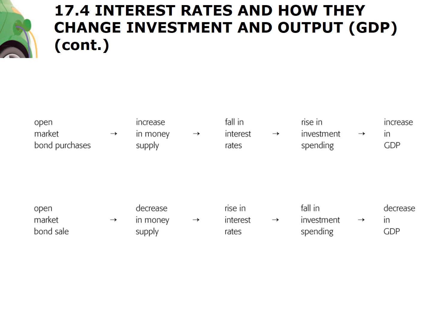That lowering of the interest rate is causing investment spending to go up, and that additional spending is causing GDP to increase. So the objective of the open market bond purchases was fulfilled, leading to an increase in GDP.